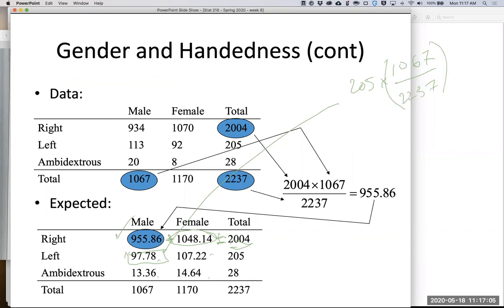That is the rate of maleness, if you will. The thing in the parentheses is the rate of males. What fraction are male? Of the 205 left-handers, if the same rate of maleness applies as to right-handers and ambidextrous, we would have our 97.78 expected count.